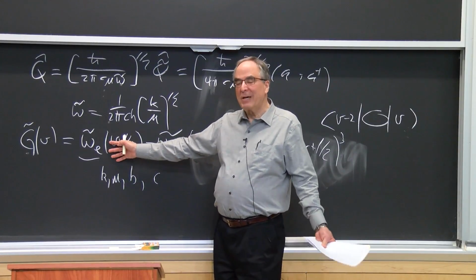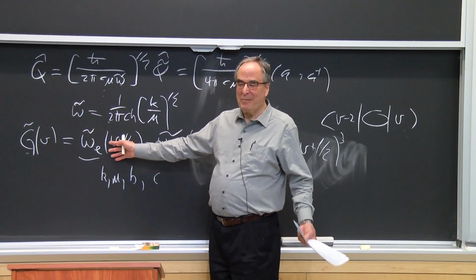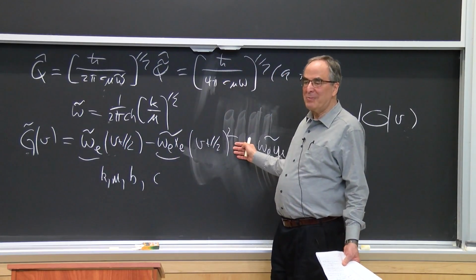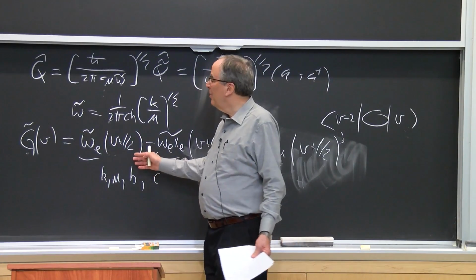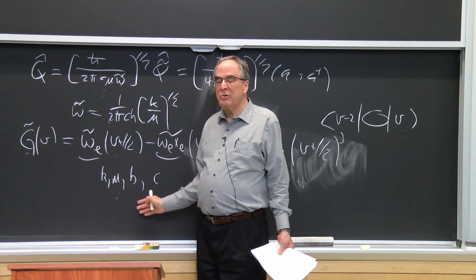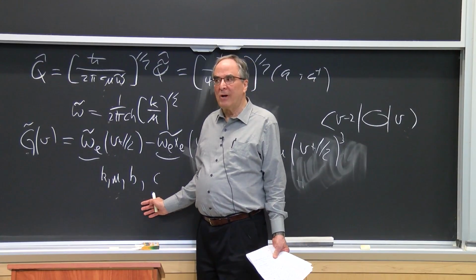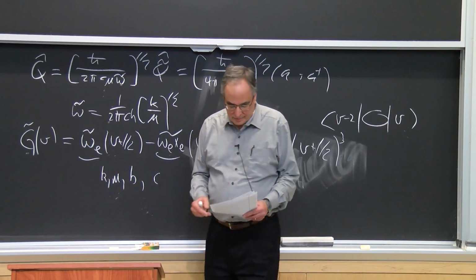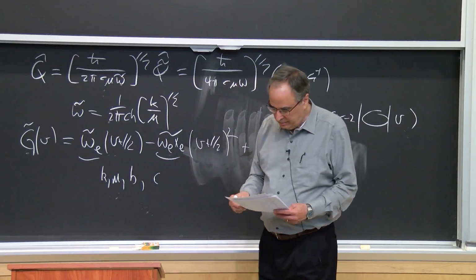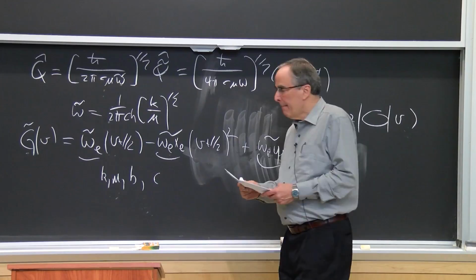People like to call them spectroscopic parameters, but that implies something more fundamental. These are just what you measure in the spectrum. And so we want to know the relationship between the things we measure and the things we want to know. And so that's what perturbation theory is for.